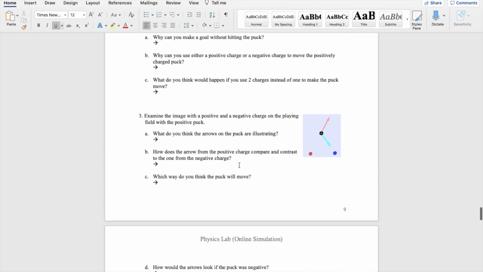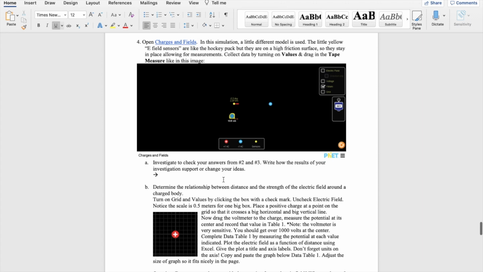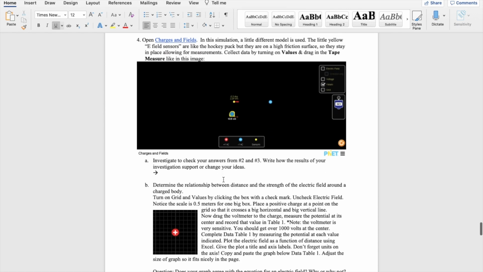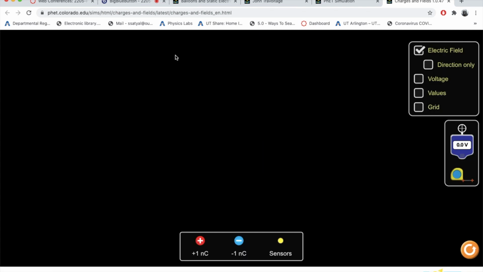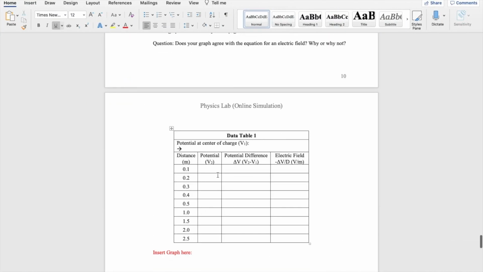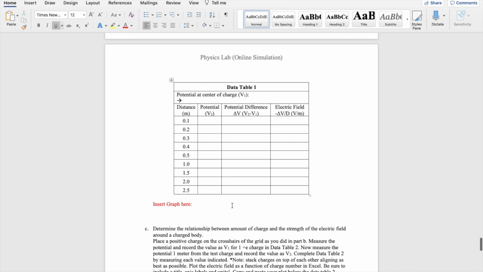Okay, so with all that explanation, you should be able to answer most of these questions. And now, here in the fourth part, open the charge and field simulation, and you'll need to find the potential difference due to the charges, and based on your potential difference calculate the electric field and plot that electric field here.